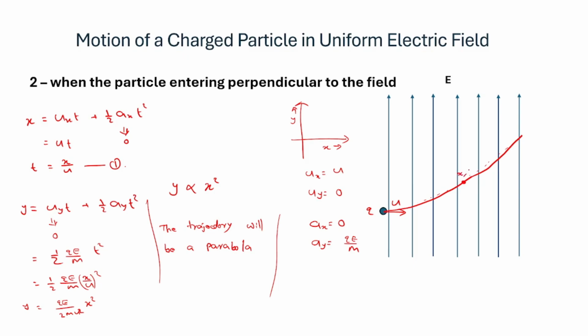Let this point be x comma y. I can find the velocity at x, so that we can find the velocity at any point x comma y.